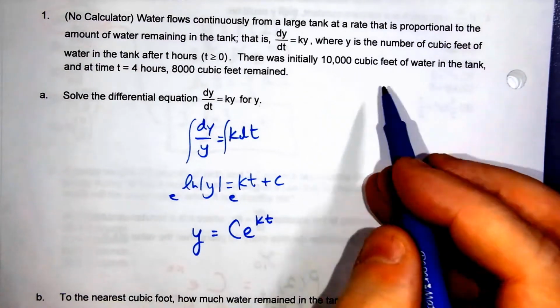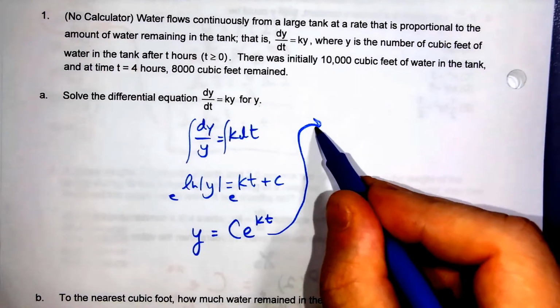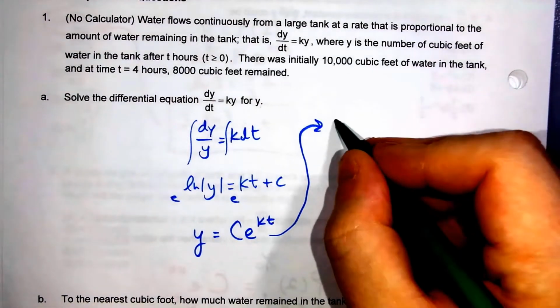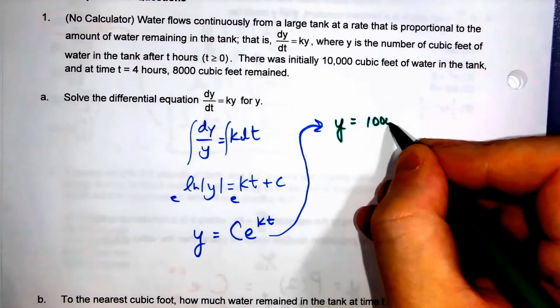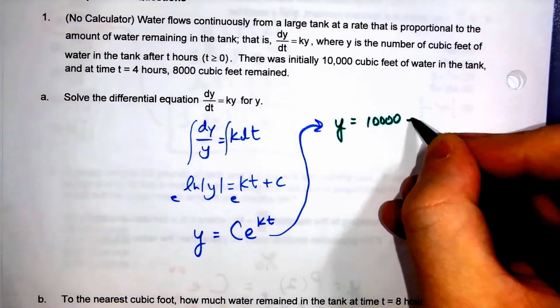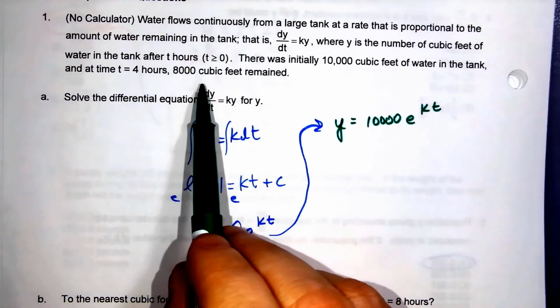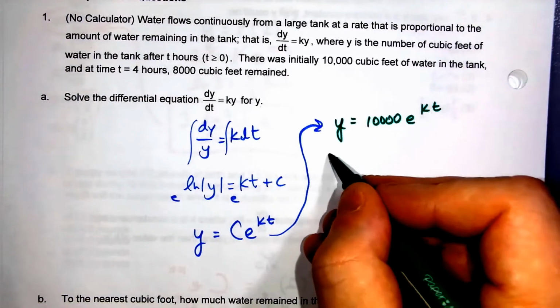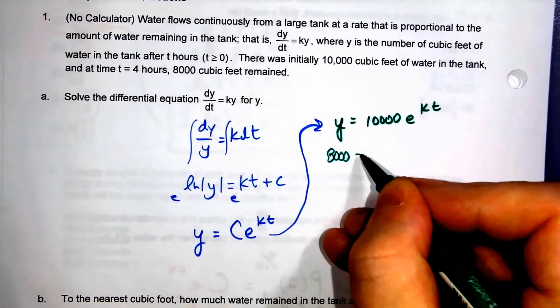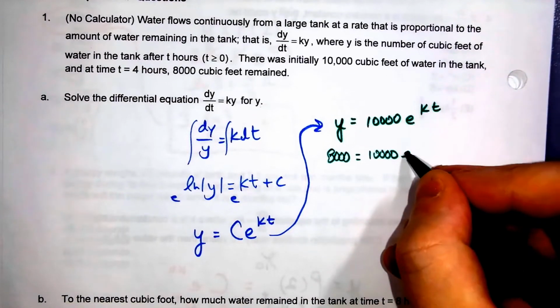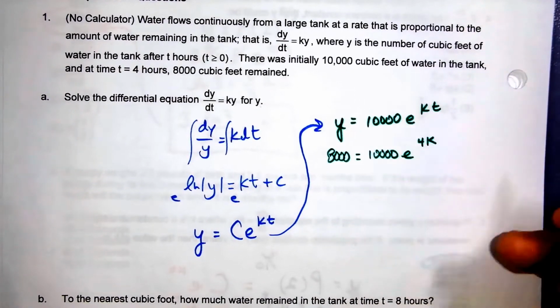So the initial condition was given as 10,000. With that given information, I'll immediately write y equals 10,000 e to the kt. And then we're told that 8,000 is remaining after 4. So 8,000 equals 10,000 e to the 4k.